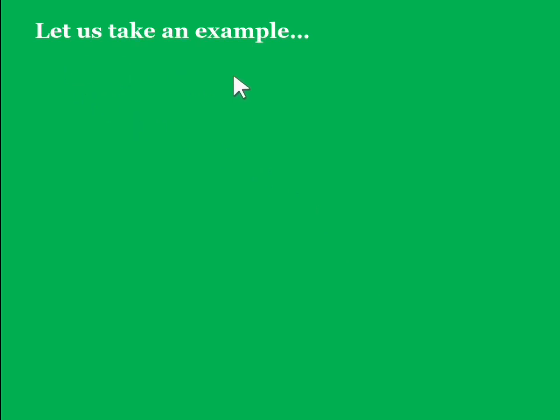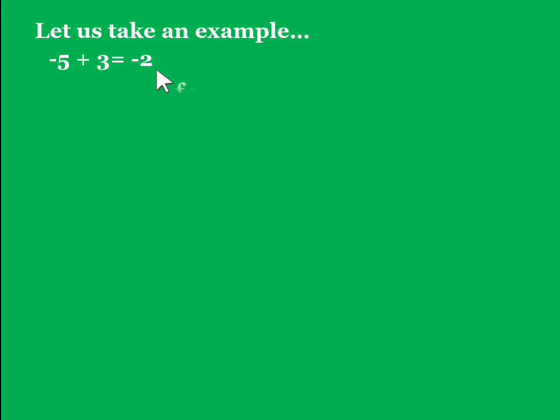Now let us take an example. When we add -5 and 3, we'll get -2. Now -2 is not a natural number and it is not a whole number.